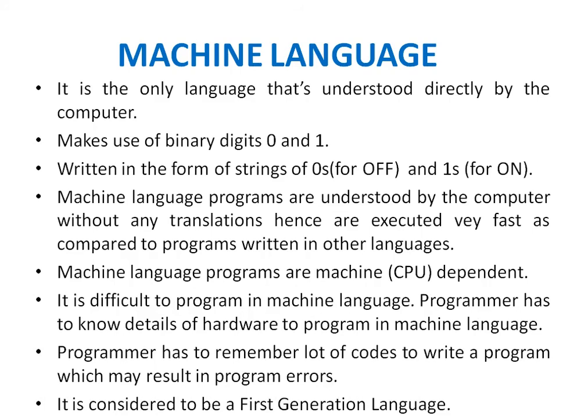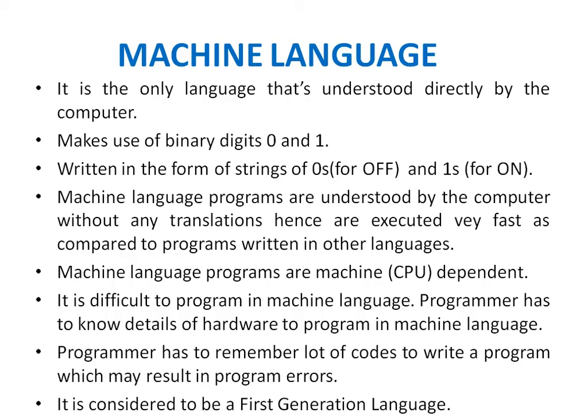Machine language makes use of the binary digits 0 and 1. It is written in the form of a string, or you can say a combination of zeros for off and ones for on.